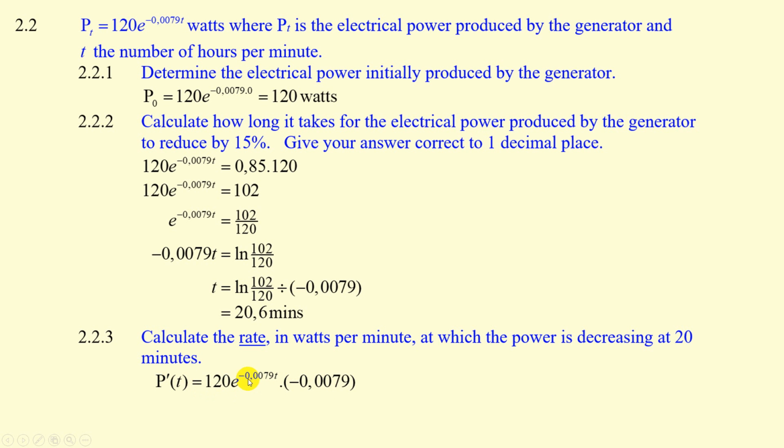And derivative of negative 0.0079 t is negative 0.0079. Substituting the 20 for the 20 minutes, and we end up with 0.81 watts per minute.